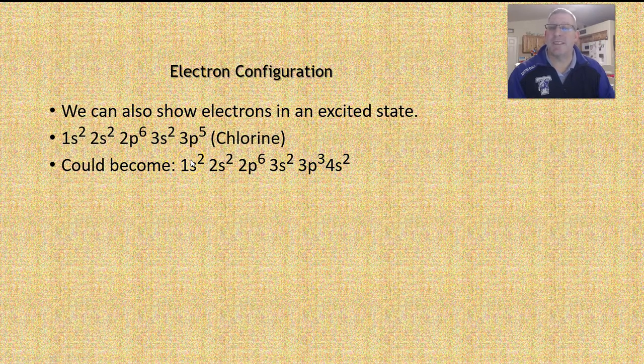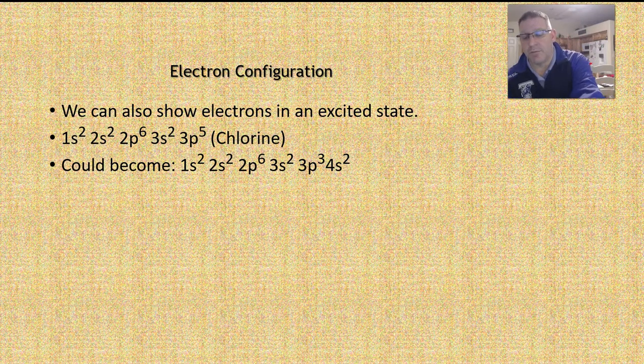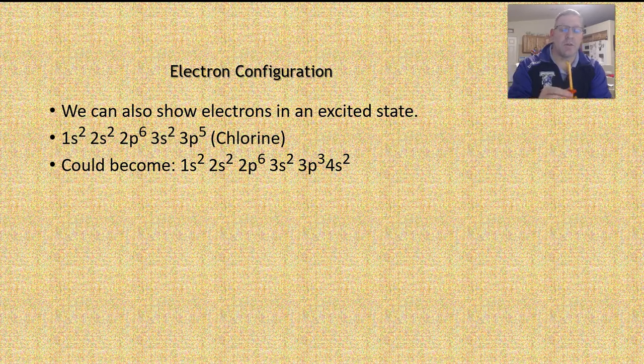If we were to excite the electrons, as we have with this pencil, and add energy of some sort, be it heat, electromagnetic radiation, or mechanical force, whatever the force may be to excite that electron, I can move this electron out, and therefore it would have a different configuration because the electron is located in a different spot.